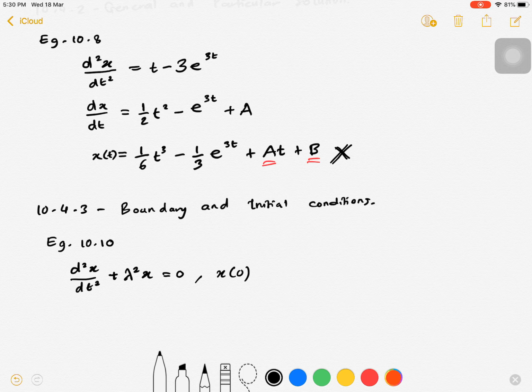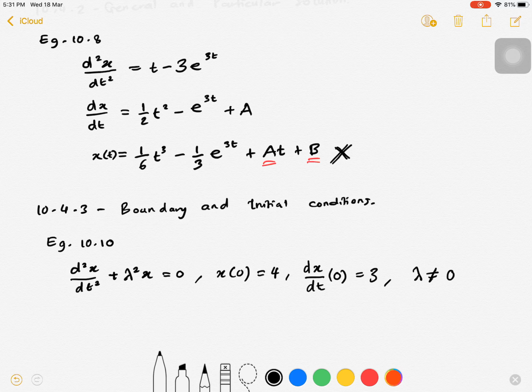x when t is equal to 0, x is equal to 4, and we have another condition when t is equal to 0 again, dx dt is equal to 3, and lastly lambda is not equal to 0.